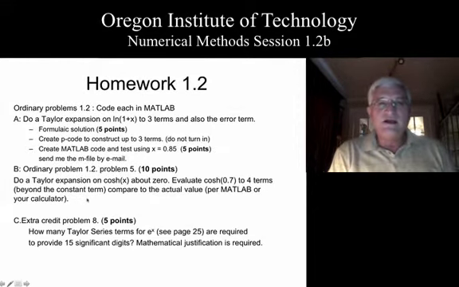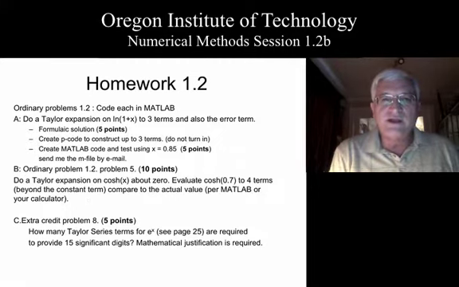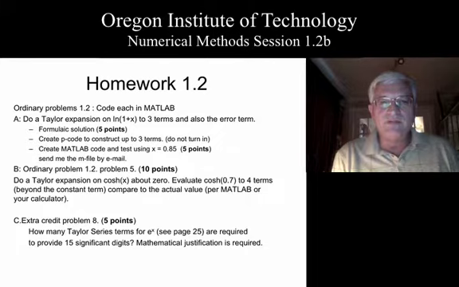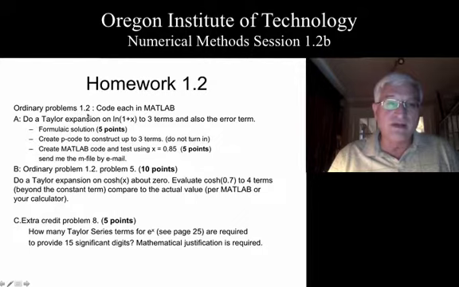Okay, so let's get our hands dirty. Let's try doing a homework that we can use to play with the Taylor expansion. In problem 1.2, now this is ordinary problem, which means that it's the first of the 2 sections of problems that you'll have in that section of the book.